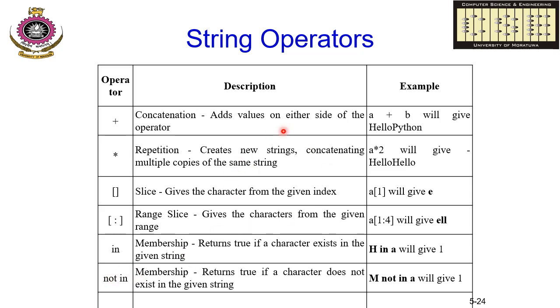So this is a set of operations allowed with strings in Python. You can look for an exhaustive list, but a range of operations are available for strings in Python. So we have looked at some of the most important operations that can be performed on strings in Python.